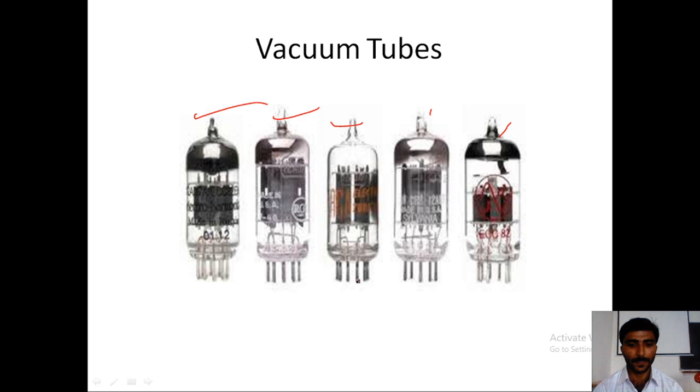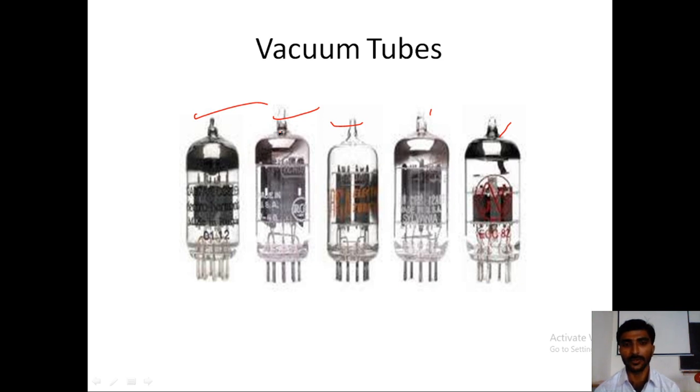These run on electric current, and the vacuum tubes produce a lot of heat. You know already what I mean by heat. In your home, bulbs also produce a little bit of heat. Like this, in that generation they used vacuum tubes. Those vacuum tubes produce a lot of heat, and the installation used to fuse frequently.